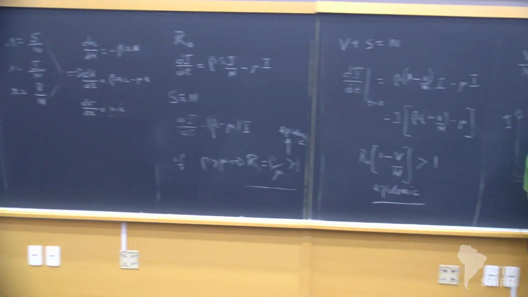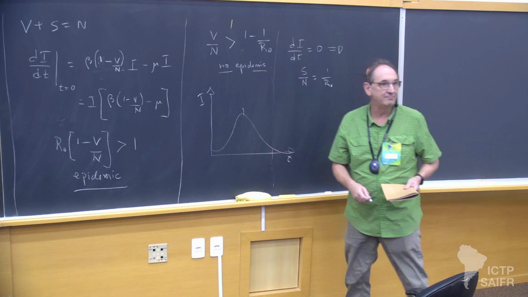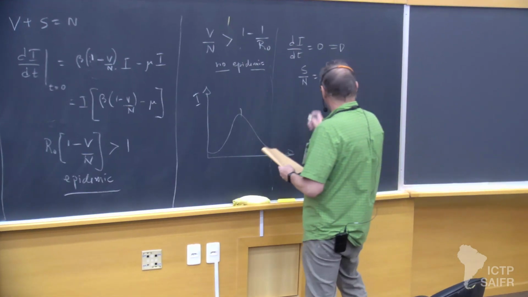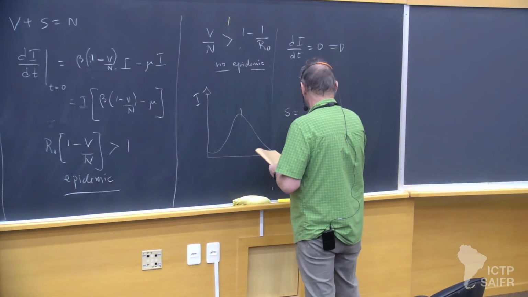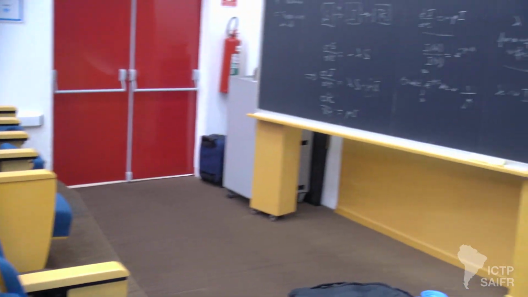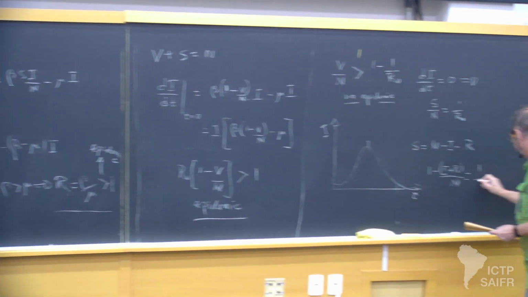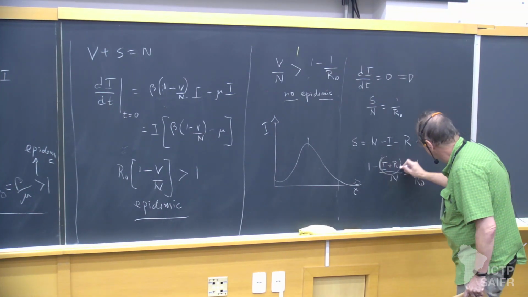And therefore, the total number of infected people, so S is equal to N minus I minus R, okay? And if you put this here, you will have 1 minus (I plus R) over N is equal to 1 over R0. And what is this?